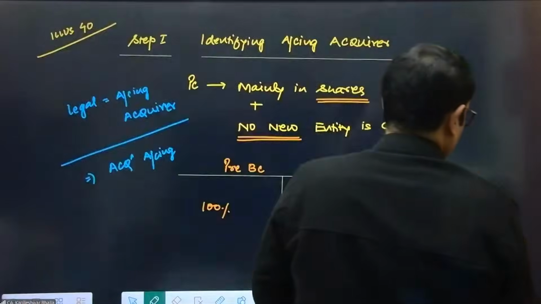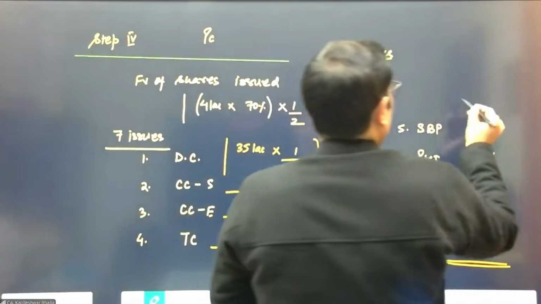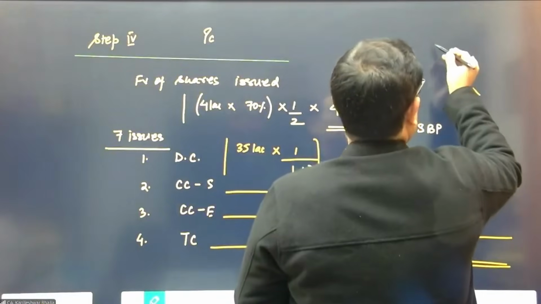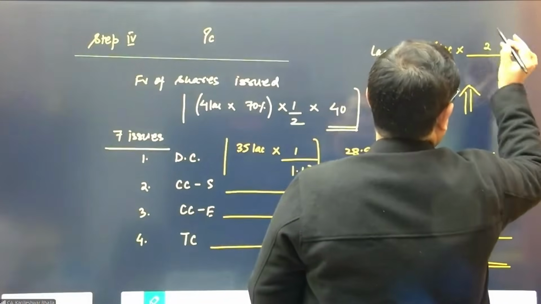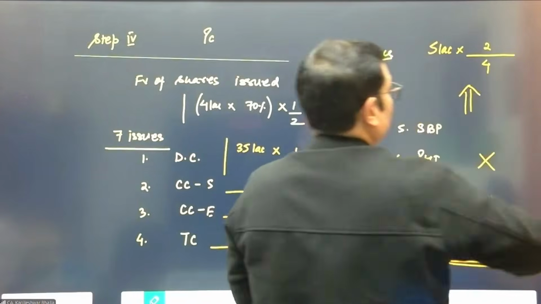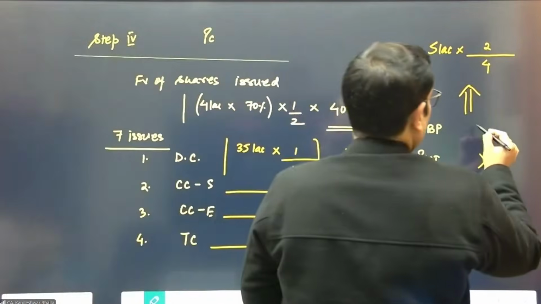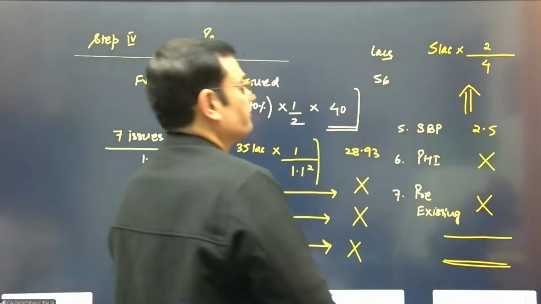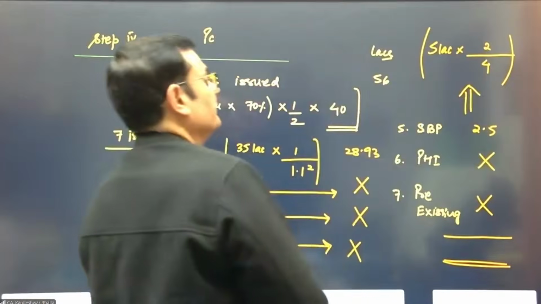So let's go with the calculations in the share-based payments. We can say 5 lakhs is the fair value of the original award. Vesting period completed is 2, over 4, original or total, whichever is greater. So that makes it a total of 2.5 lakhs. We've taken the pro rata fair value.